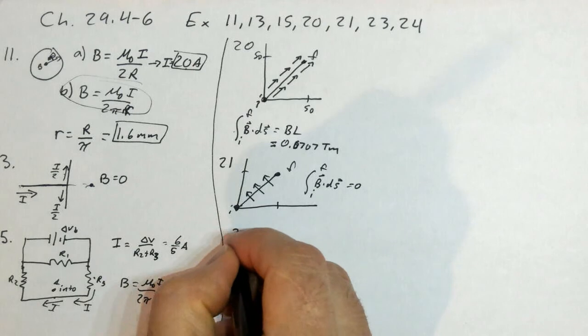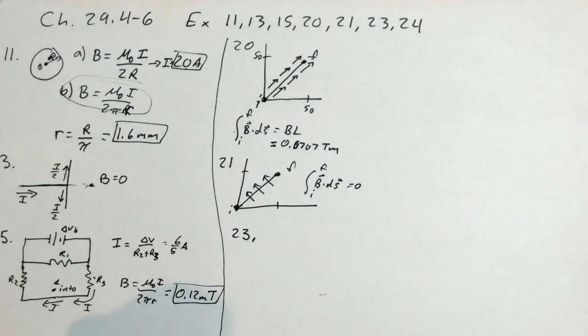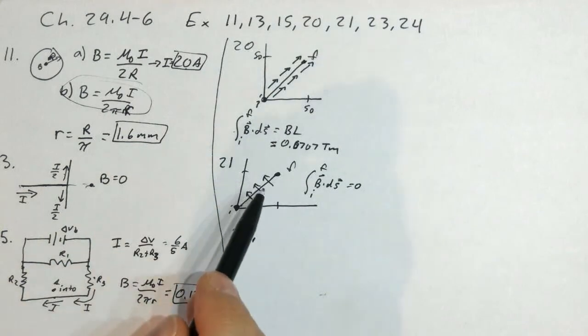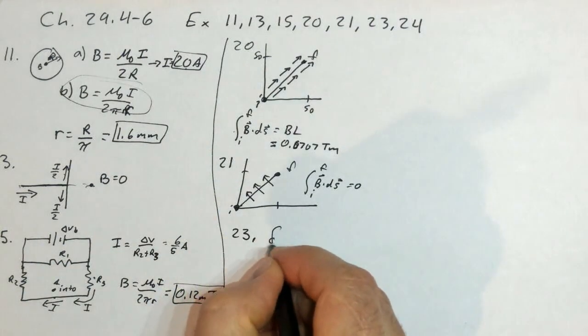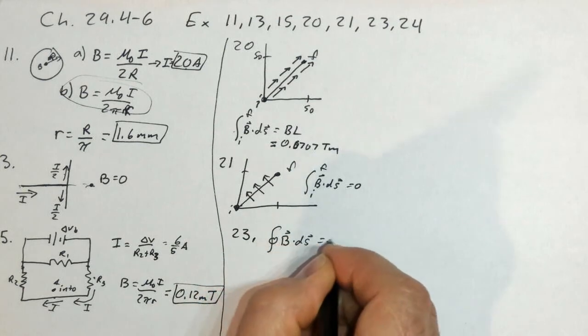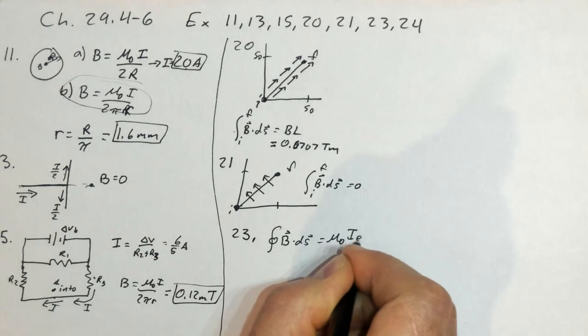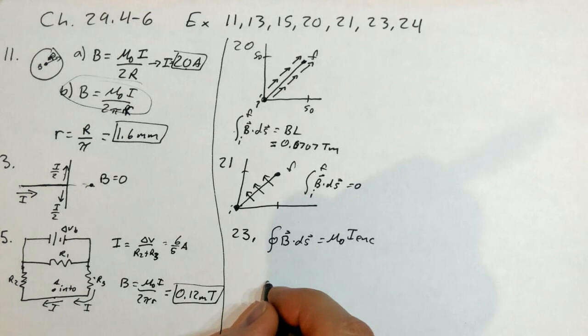Okay, now 23. At 23, we now get to apply this line integral stuff to Ampere's law, which says the closed line integral of B dot ds is equal to mu naught I enclosed. Okay. So in this particular system, we've got 4 currents coming in or out of the page.